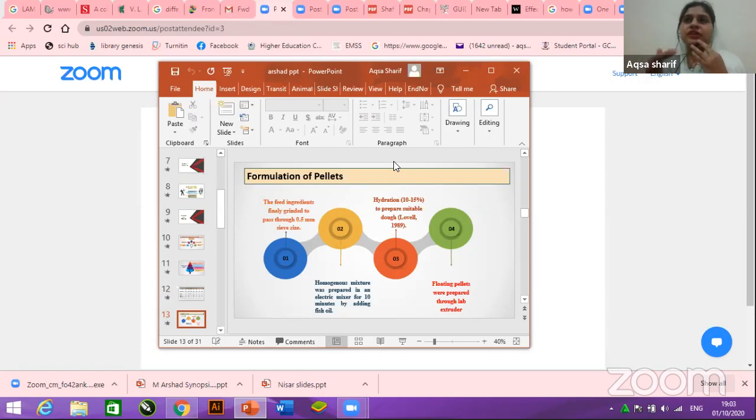Fish oil was added gradually to maintain the consistency and to prepare a suitable dough. And hydration at the rate of 10 to 15% was also done, and at the last, floating pellets were prepared through a lab extruder.